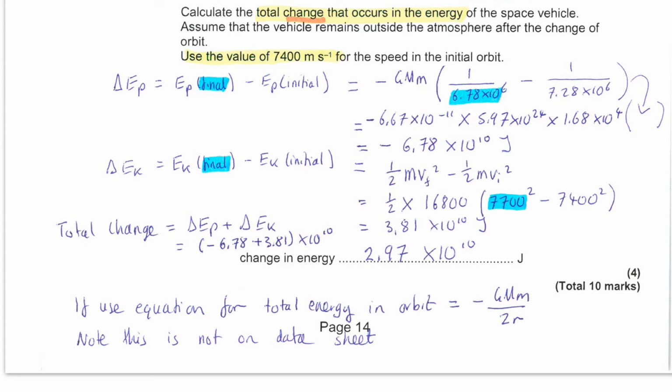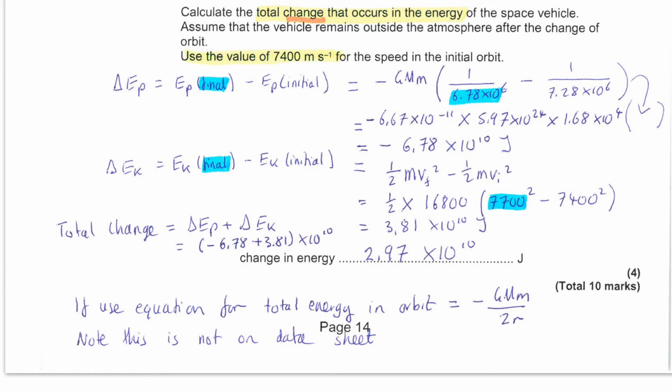The change in gravitational potential energy would be the final potential energy take away the initial. The final gravitational potential energy is given by the equation minus GMm divided by r, where r is the radius of the final orbit.